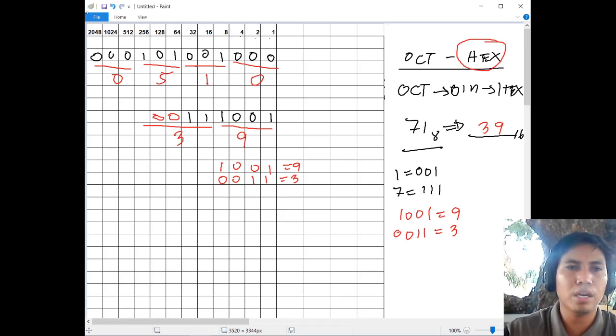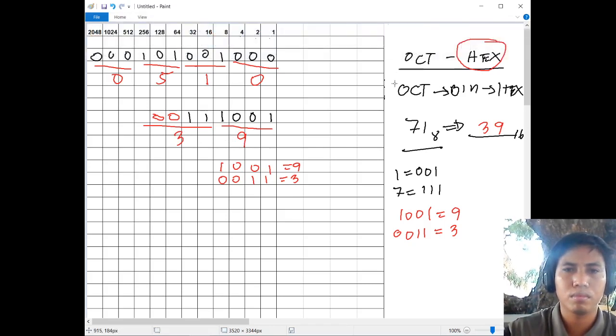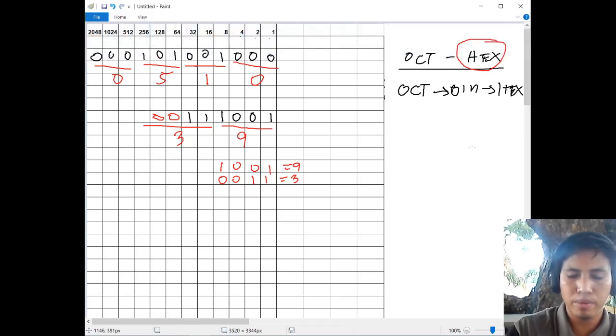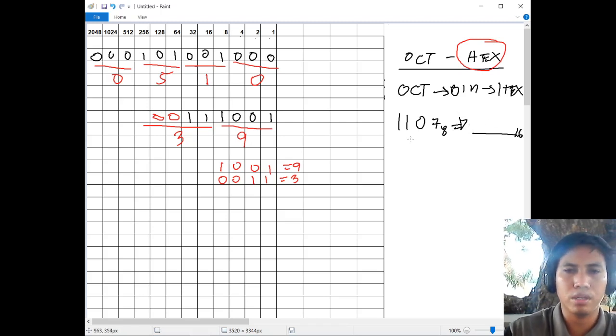Okay, another example, last example. Let's say we have 1107, base of 8 to base of 16.